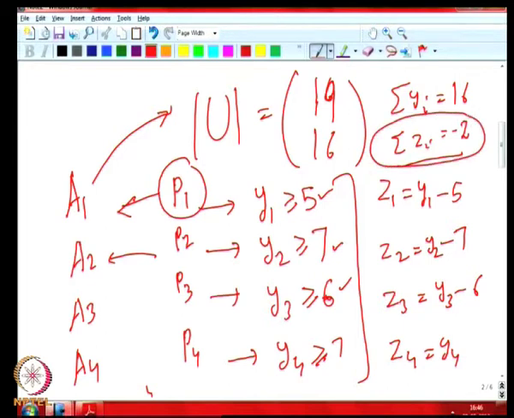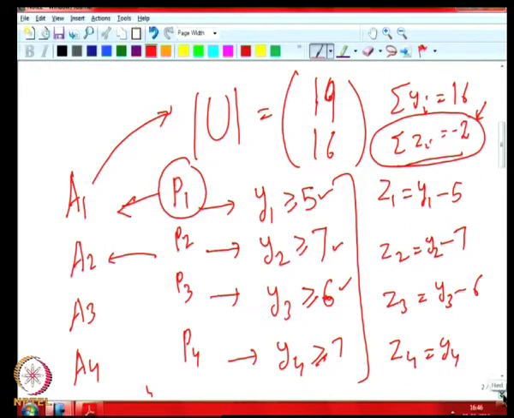This is what we will get. But we know that if each Zi is greater than or equal to 0, by adding the Zi's we cannot get minus 2. So the set of solutions will have cardinality 0. So with 3 things taken together, definitely the other 3 things also will lead to the same result, they are going to give us 0 as the cardinality of the solution set.